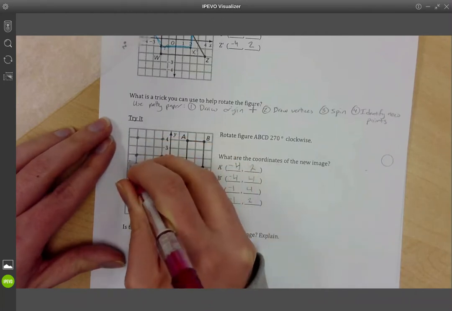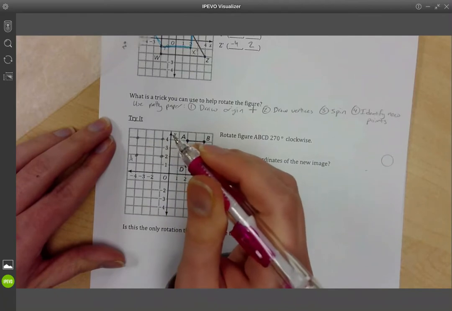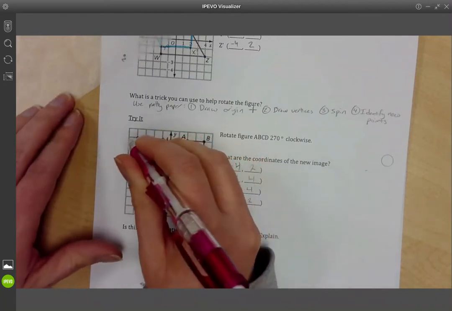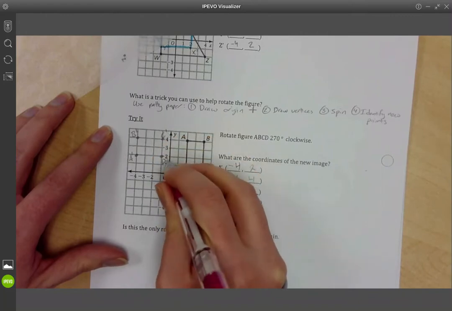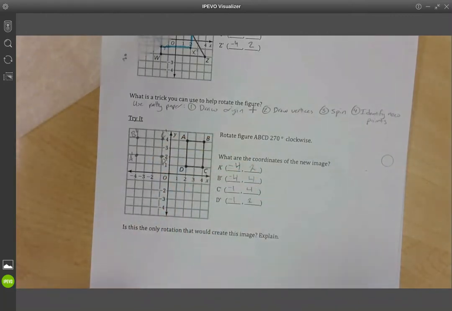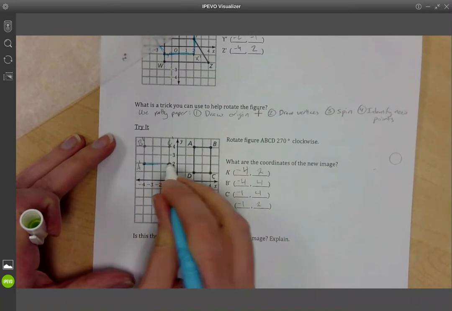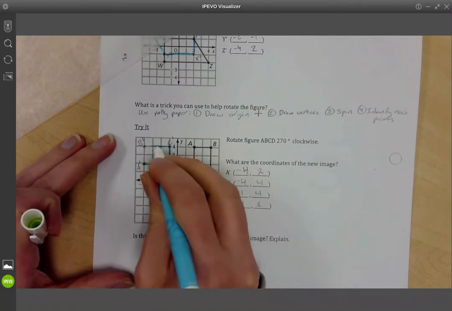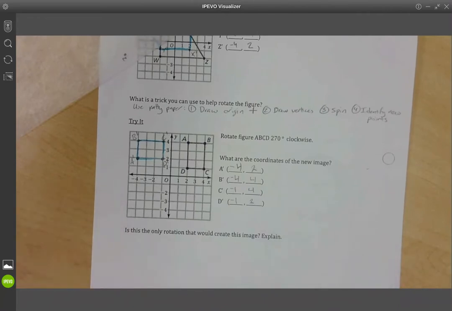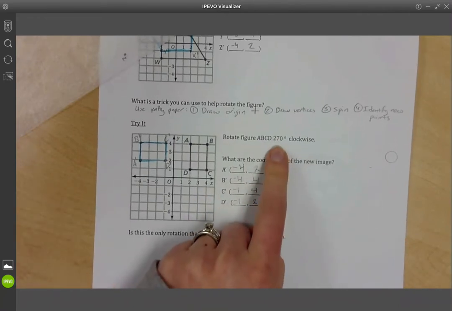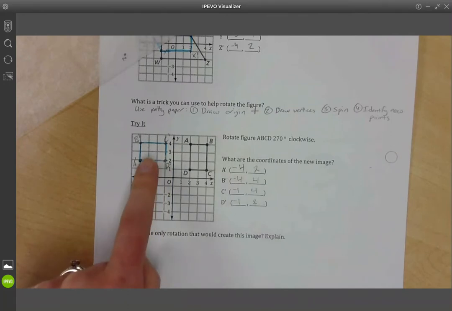And there's A, B, C, and D. So is this the only rotation we could have used? Is 270 the only rotation that gets us to that location?